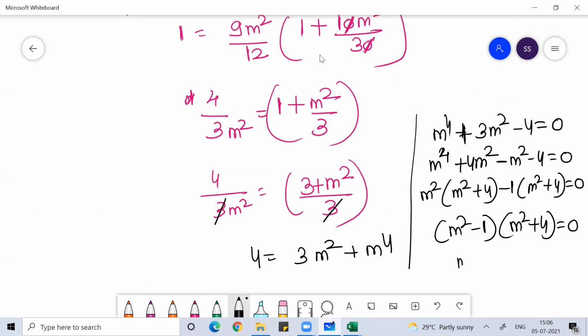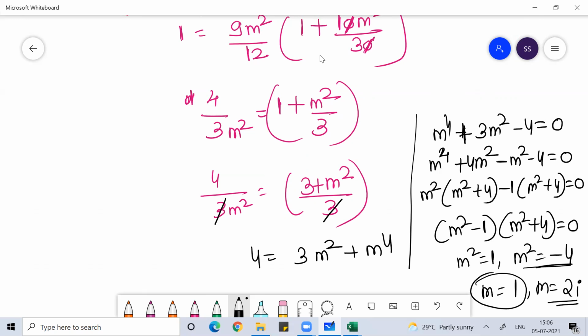So m square is equal to 1 and m square is equal to minus 4. So m value will be 1; mean cannot be negative, so plus 1. And the other gives an imaginary number, m is equal to 2i, which I'll not consider. So mean and variance both are equal to 1.